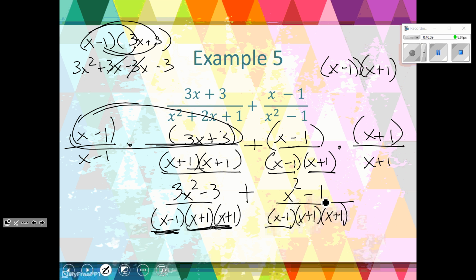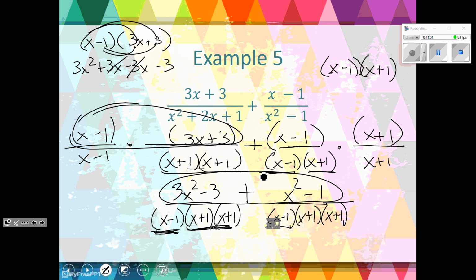All right. So my question is, can I factor this back down and start canceling now? No. We haven't added them together yet. You've got to finish your problem. I still have two separate things. I need to add them together. So I'm going to add what matches at the top. So what matches?